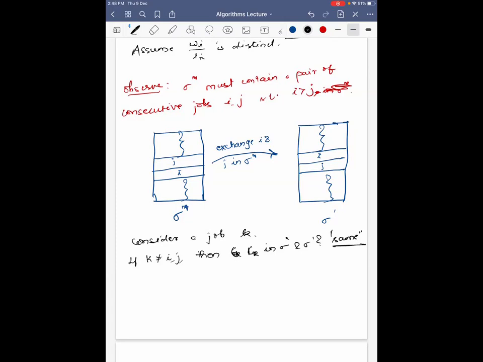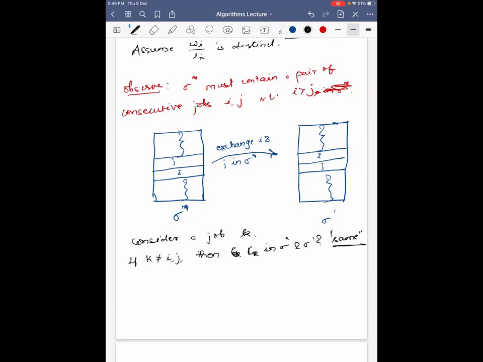Yes. Because for the jobs before I and J, the completion times are just unaffected. And for the jobs after I and J, we were just adding up the L's, so instead of LI plus LJ, we'll have LJ plus LI, and the rest of the lengths will be the same. So we will have the same completion time.